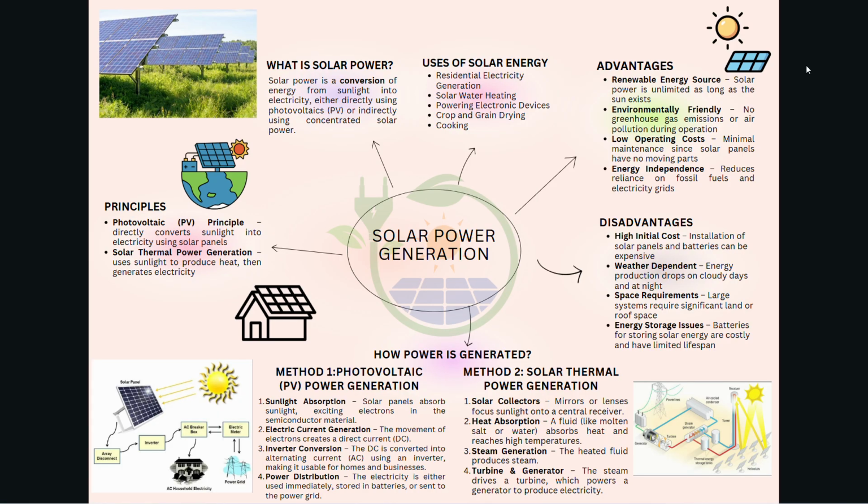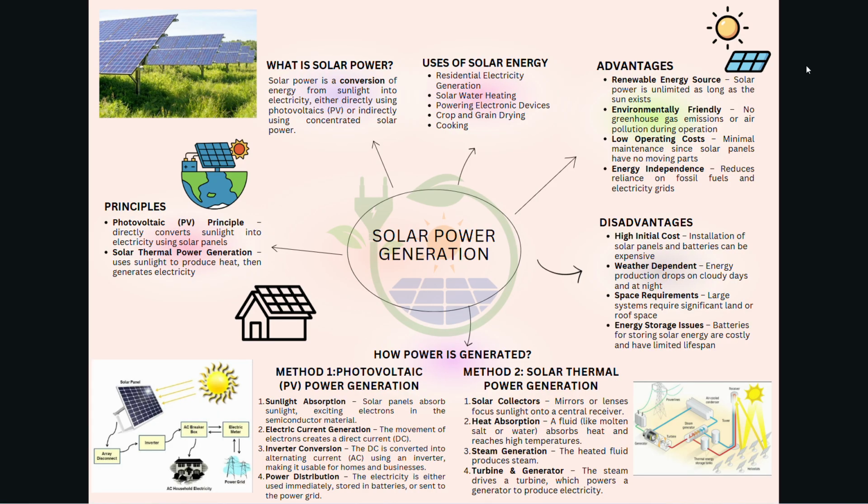Low operating cost is also an advantage. It requires minimal maintenance since solar panels have no moving parts. The last one is energy independence. Solar power reduces reliance on fossil fuels and electricity grids.